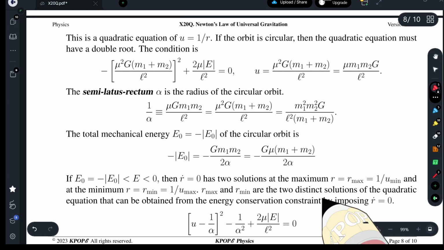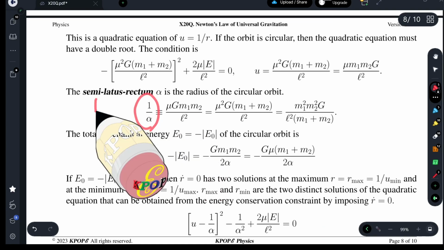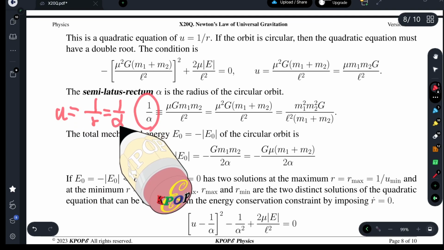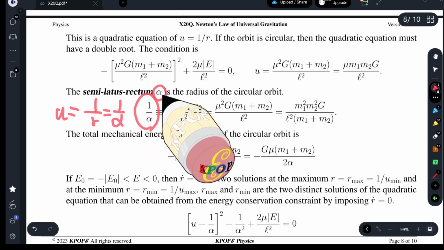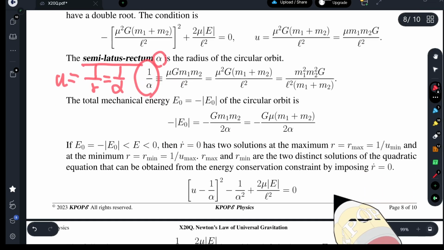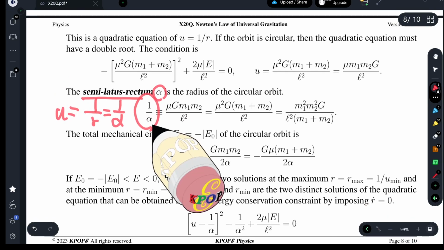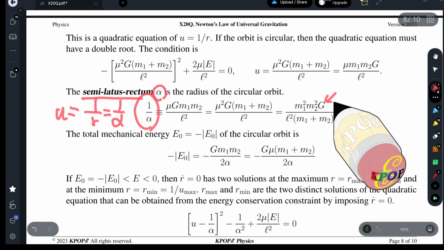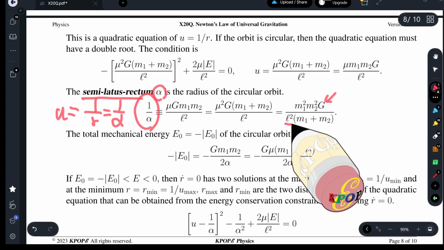So that constraint is that 1 over r, that is u, is 1 over alpha, and we call this alpha, the radius of the circular orbit, the semi-latus rectum. That is completely determined by the gravitational constant, mass and orbital angular momentum of the two-body system.